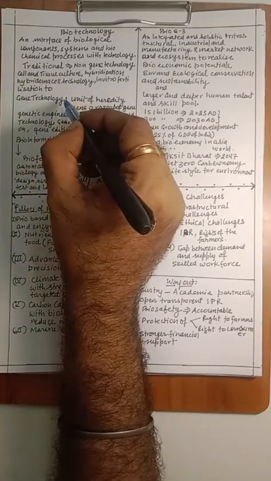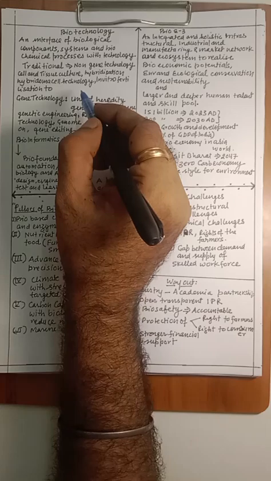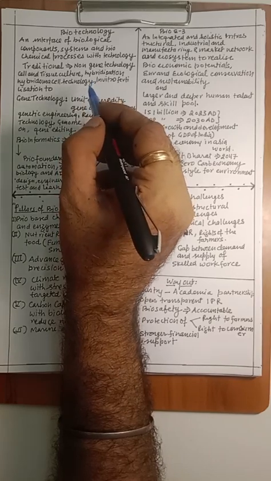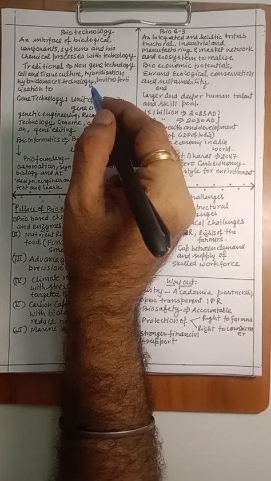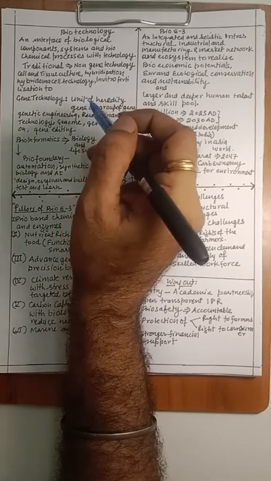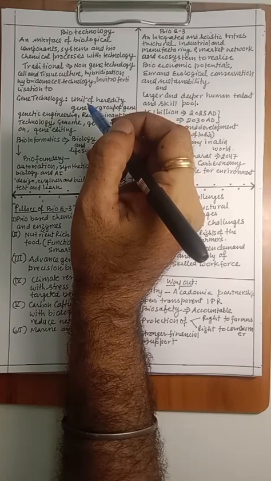Gene technology is a sophisticated component of biotechnology. Here, units of heredity known as gene are directly manipulated and used. In gene technology, we consider genetic engineering, recombinant DNA technology, genome, gene manipulation, gene therapy, gene editing.